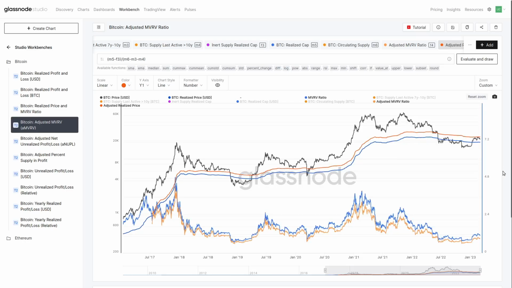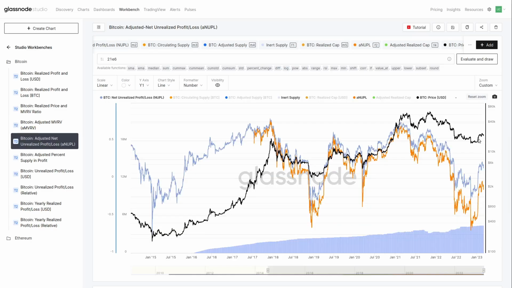The actual cost basis of the market is higher. And that means that the MVRV, the unrealized profit multiple, is actually lower. So with this particular model, we can start to assess, of all the active supply, where is the realized price? And we can see that we're currently testing the underside of it.